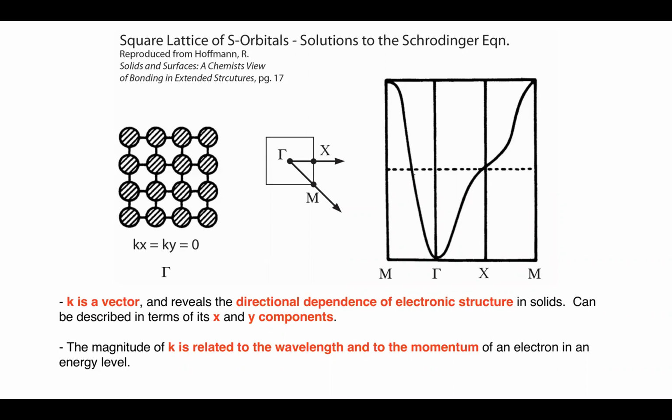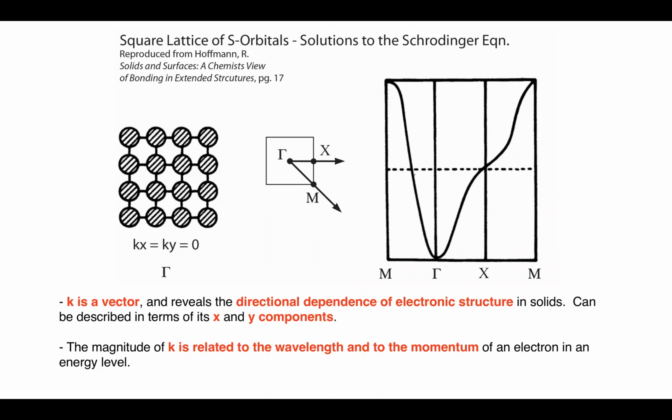So when you have a two-dimensional thing like this, you have to think about the K in X and Y. So we're going to look at how the orbital function changes in both the X and Y directions. And what this reveals is that the wave functions end up having a directionality to them. You have to consider that directionality, and K becomes a vector.